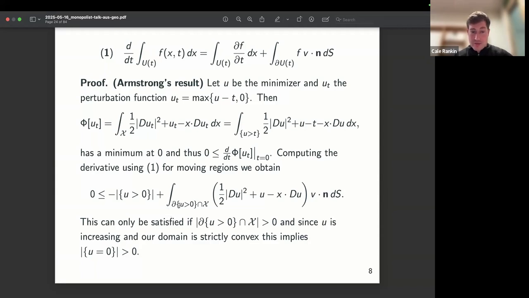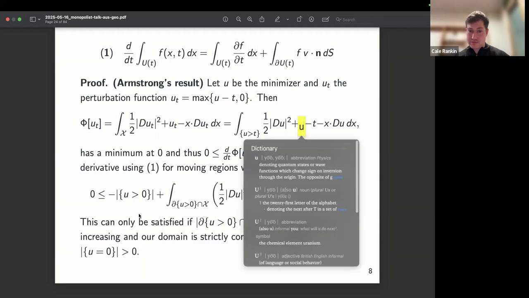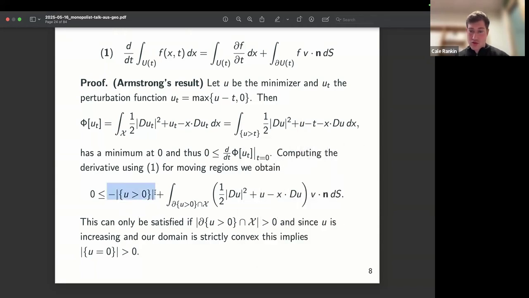Now, I said I don't care what the boundary term is, but what I do care is the set where u is greater than 0 is going to have positive volume. So there's a big negative term leading this inequality. The only way I can compensate and get something non-negative is if this second integral is positive. I can only have a positive integral if I'm integrating over a set of positive measure, i.e. the boundary of the set where u is greater than 0 within our domain X has positive measure.